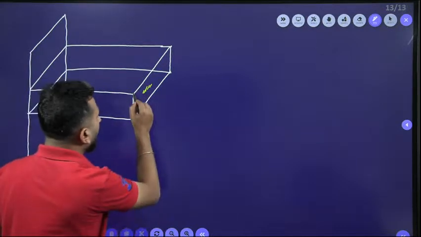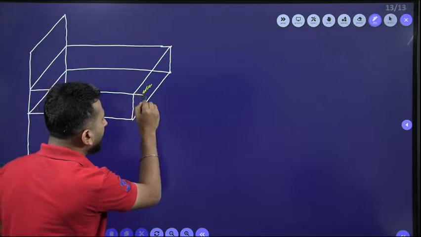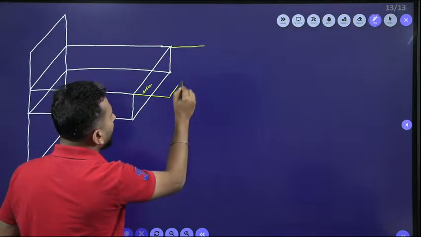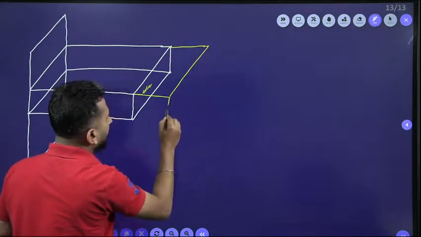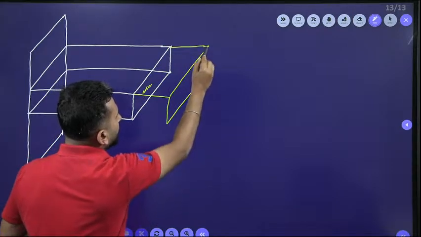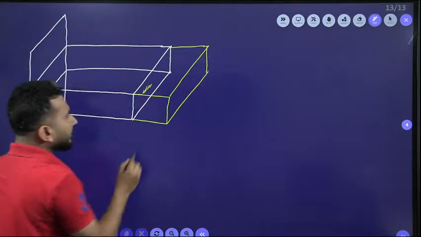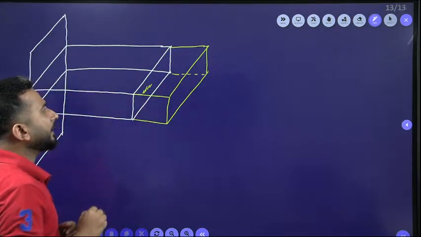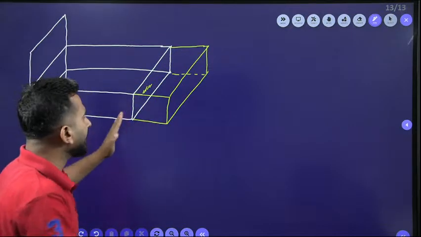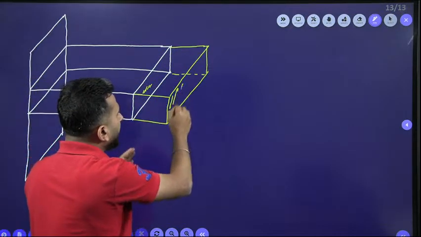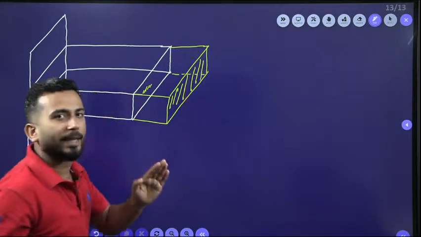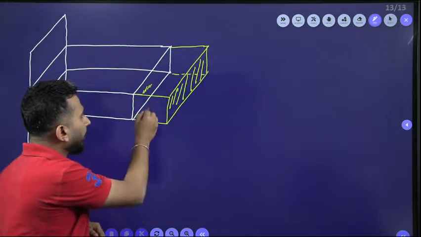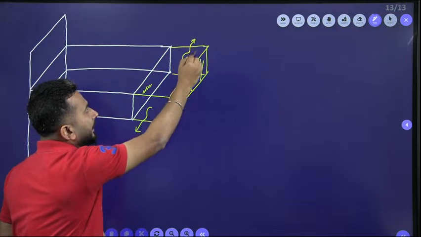So what I will do, I will increase the length of the fin by some distance, and then I will insulate the tip, so that whatever heat I am stopping from this face, from the other faces that heat can get convected.